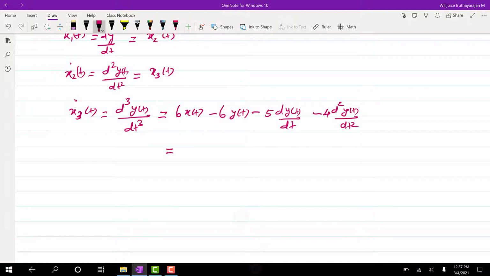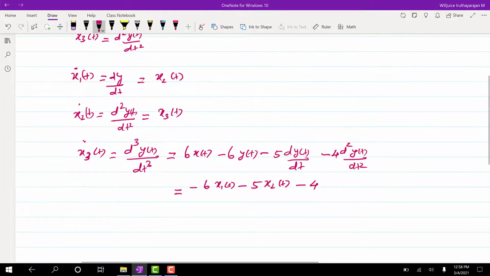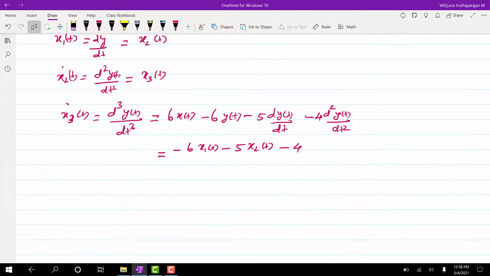So minus 6 into y of t, already chosen as x1 of t, minus 5 dy by dt, already chosen as x2 of t, minus 4 d square y of t by dt square, already chosen as x3 of t, plus 6 into x of t. So this is your x3 dot of t.